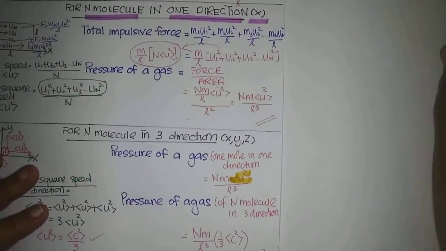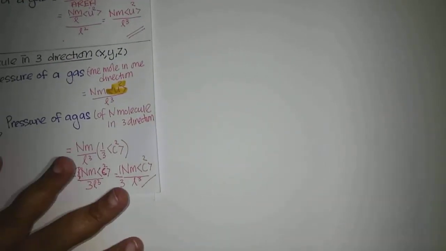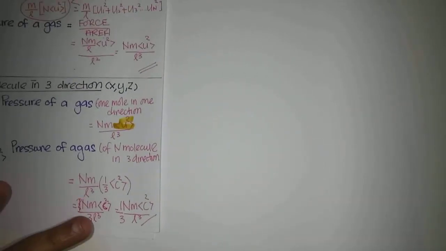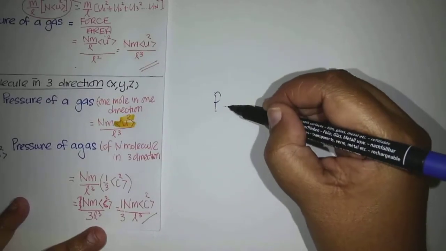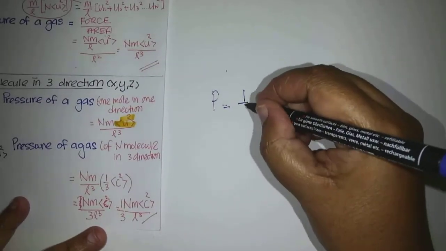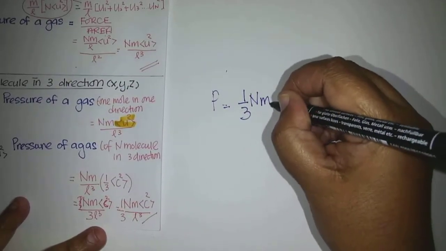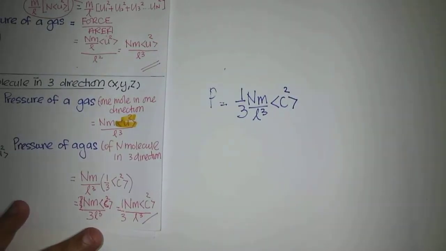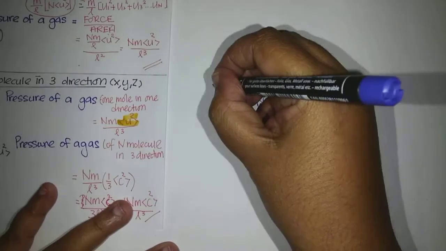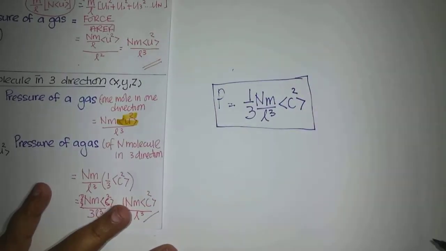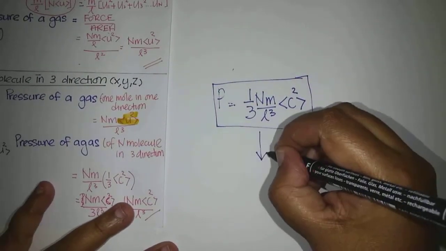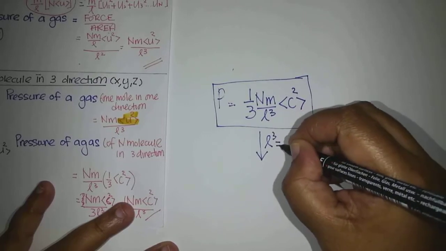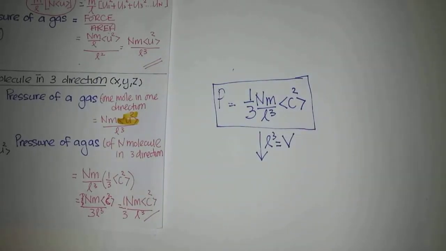I haven't finished yet. The pressure of a gas is 1 over 3 N m over L cube times the mean square speed. Now L cube is actually equal to the volume of the gas.